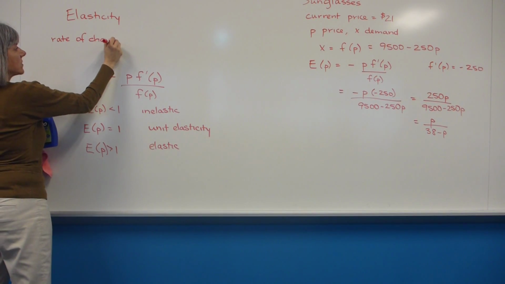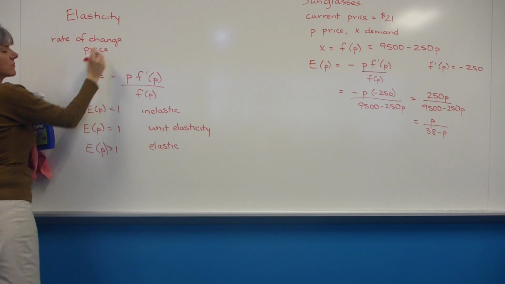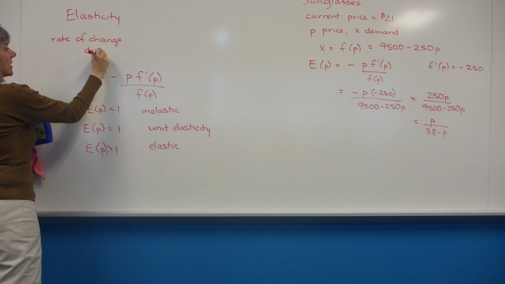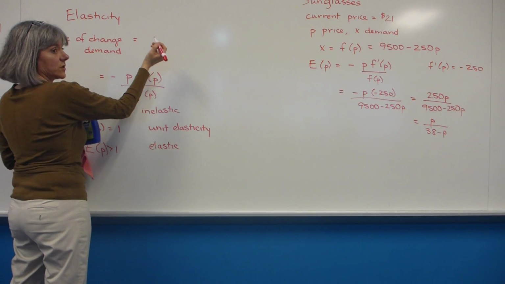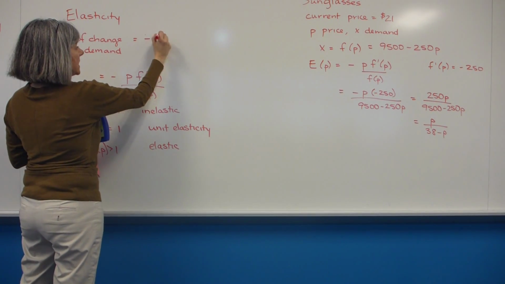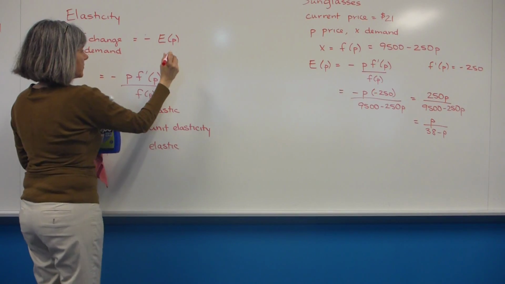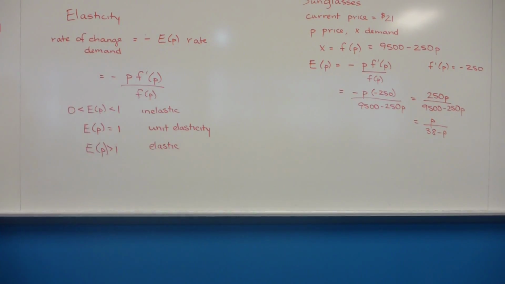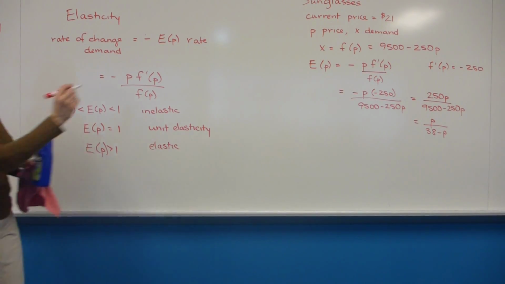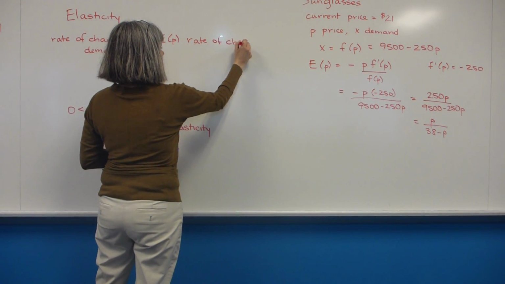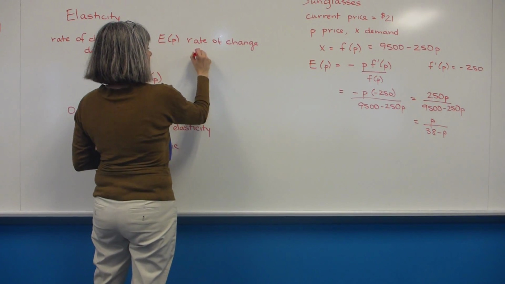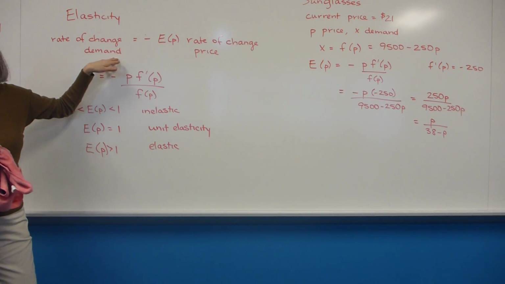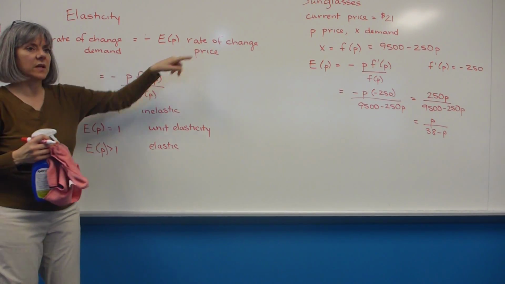Rate of change for demand is equal to negative E of P times rate of change of price. So I've just taken that first definition of E of P and multiplied both sides by the denominator, by the price.